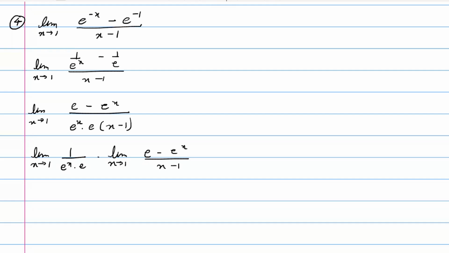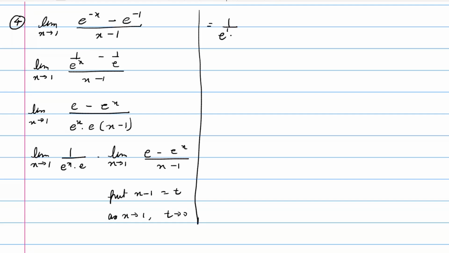So for this particular limit, if I put x minus 1 as t, then as x approaches 1, t will approach 0. So what we get over here, I can take this as e raised to 1 into e. This is a limit of t tends to 0, e raised to x. Now x will be t plus 1, and this is t.